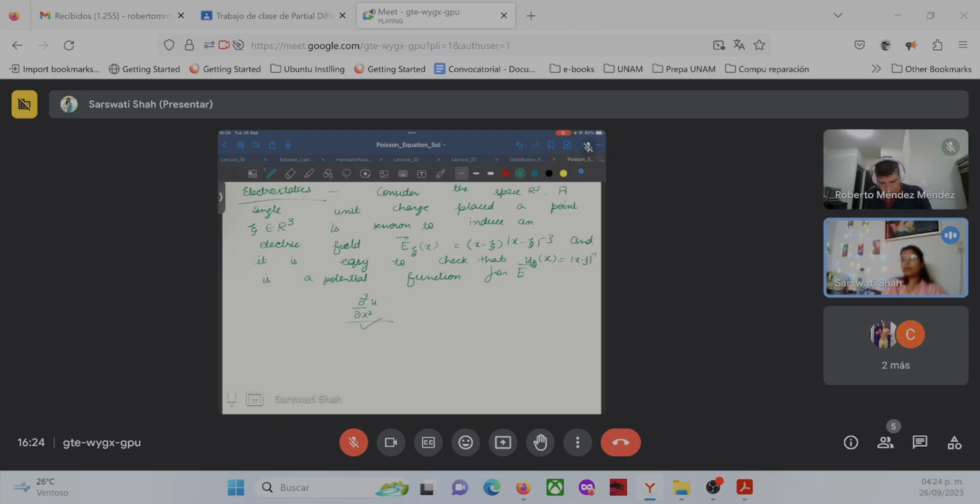I think if you compute it, you will get the same thing, only the difference will be a minus sign.